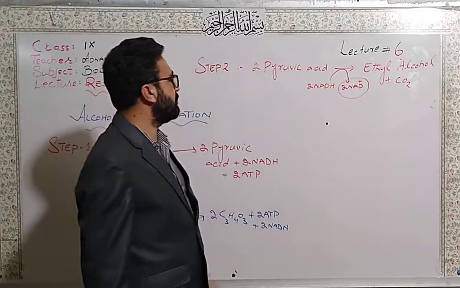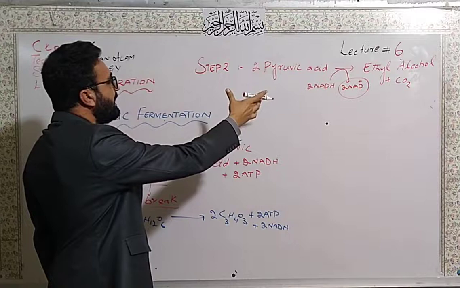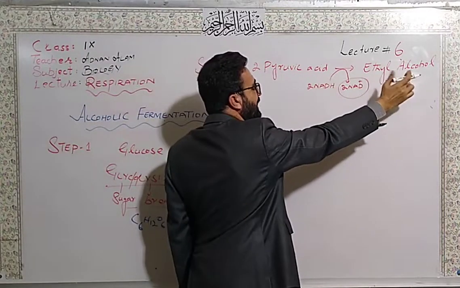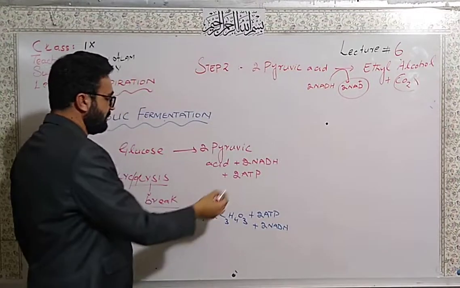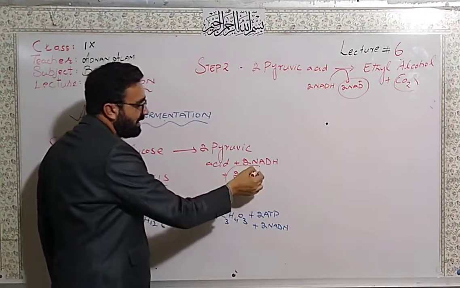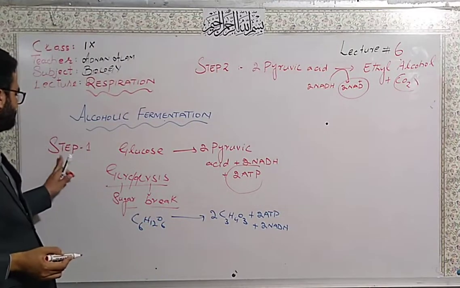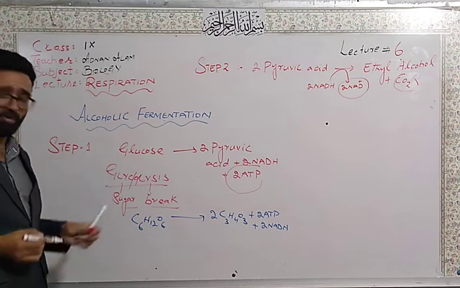They are coenzymes, okay? So in step 2, from 2 pyruvic acid we get ethyl alcohol, carbon dioxide, and finally we get just 2 ATPs, which were formed in the first step of alcoholic fermentation, glycolysis.